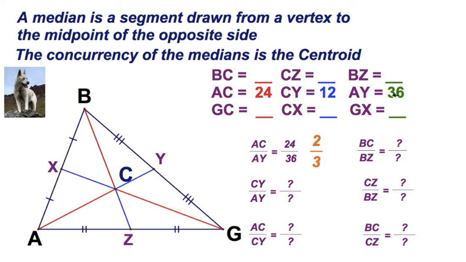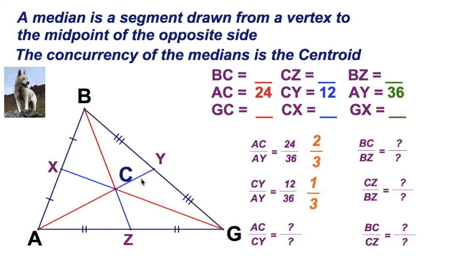Now, GY to AY. GY we measured 12, and AY we measured 36. And that very clearly simplifies to 1/3. Now let's look at it a different way. Let's take this measurement. Let's take AG, the red segment, or the red piece.